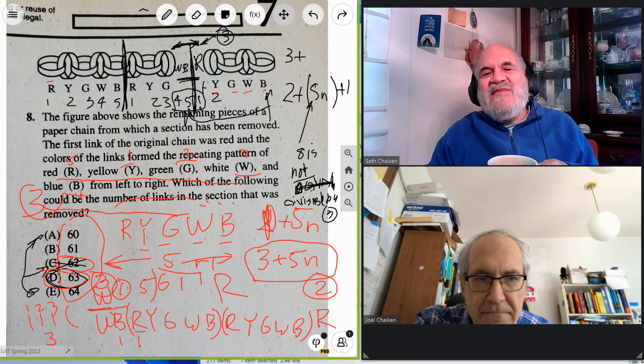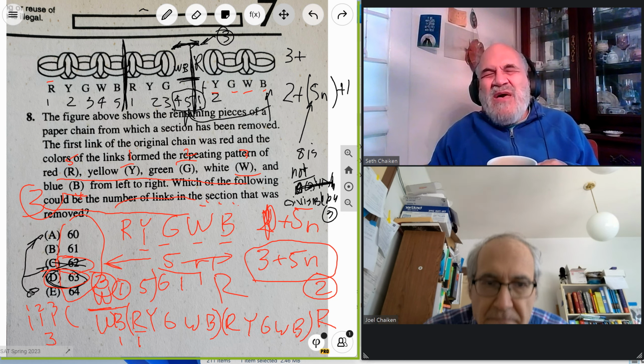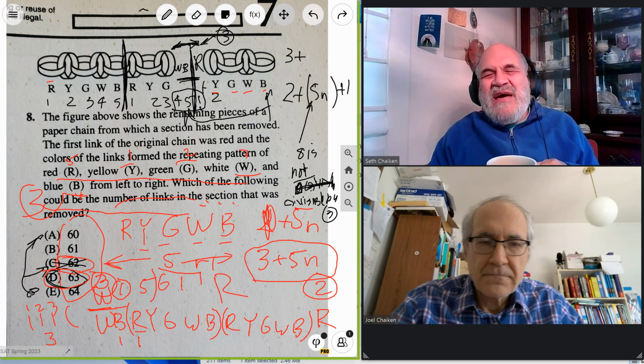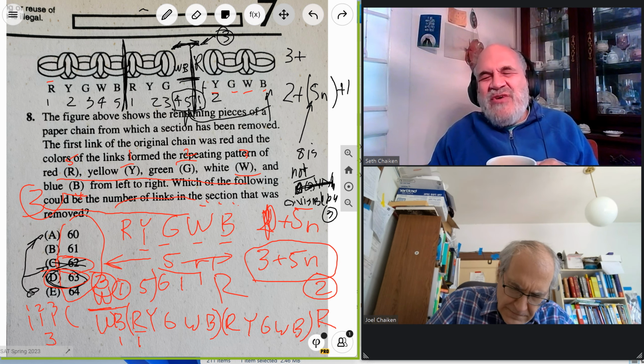What we say is that the rule for the chain of colored paper rings is that after a prefix or suffix, the pattern is periodic. It repeats.